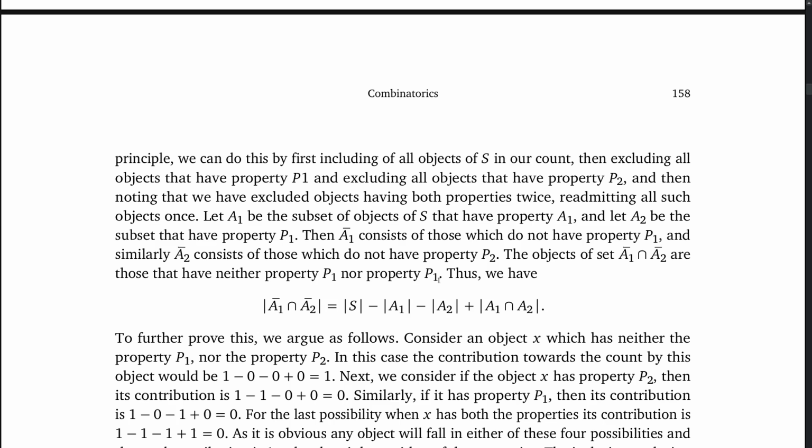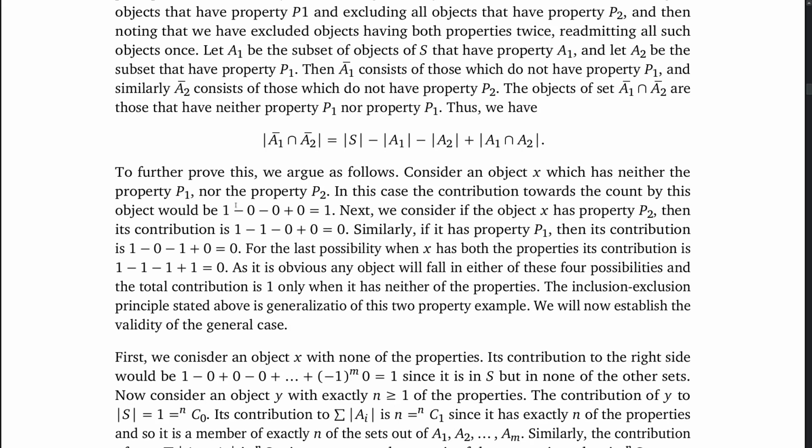Thus we have size of A1 complement intersection A2 complement is equal to size of S minus size of A1 minus size of A2 plus size of the intersection of A1 and A2. This comes straight from set theory.